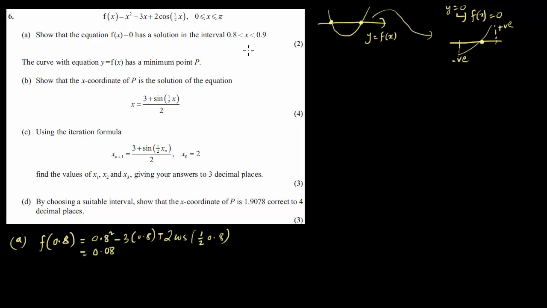Next value, let's see f(0.9). So f(0.9), again this is going to be 0.9 squared minus 3 into 0.9 plus 2 cos half into 0.9.